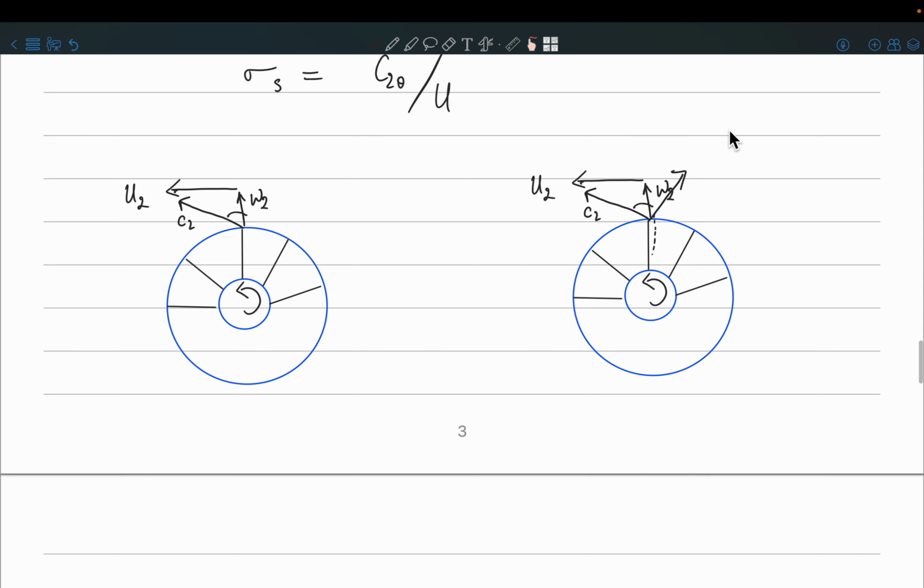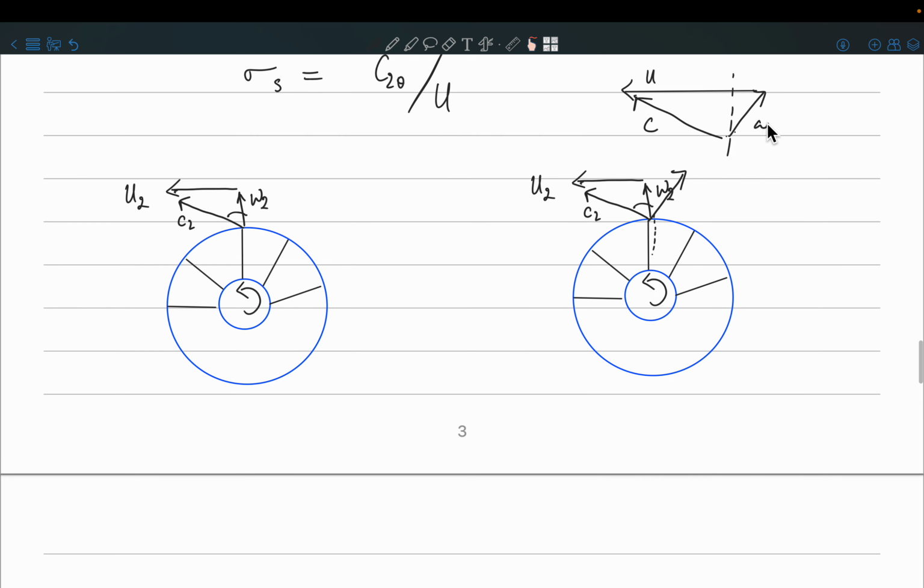So then what will happen? If I draw the velocity triangle separately over here, it was supposed to be in this direction, but the air slips and moves a little in the opposite direction of the rotation because of some inertia. Your u component is like this, and this is your c component.